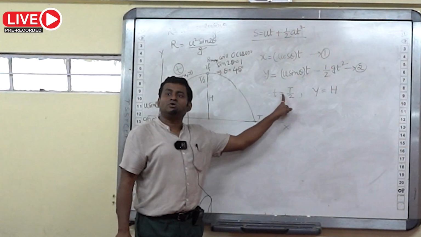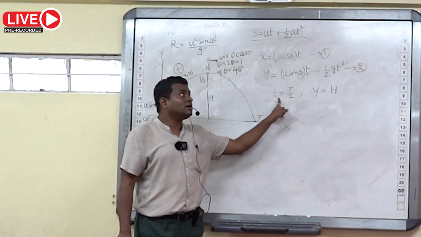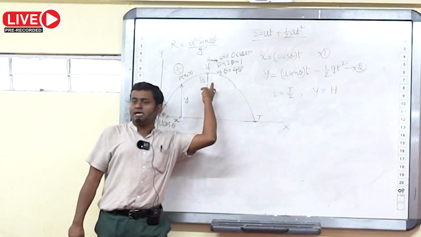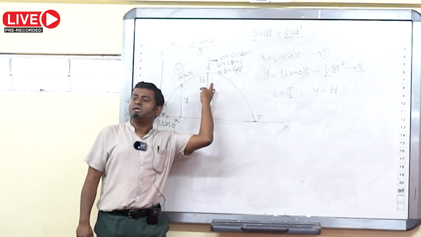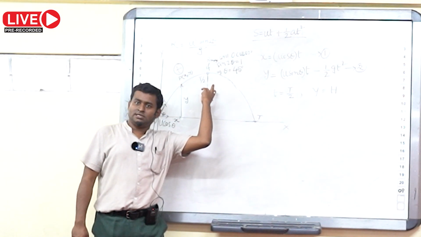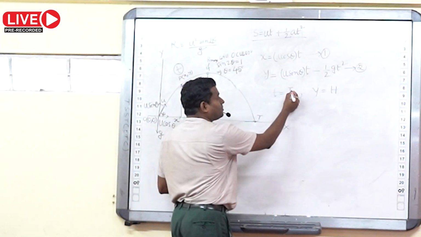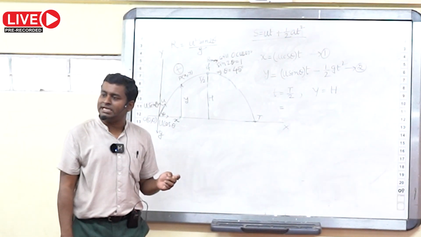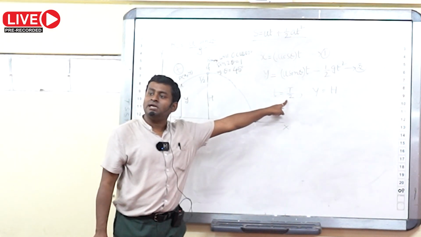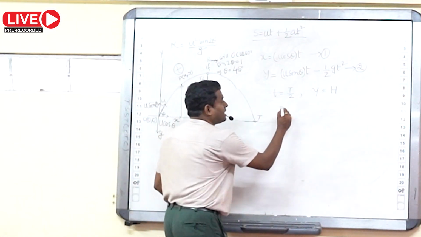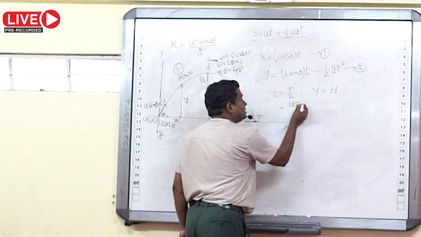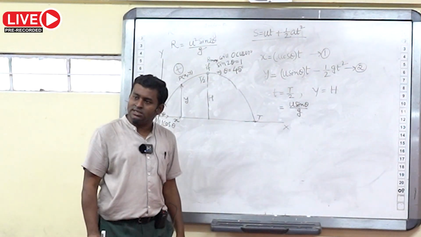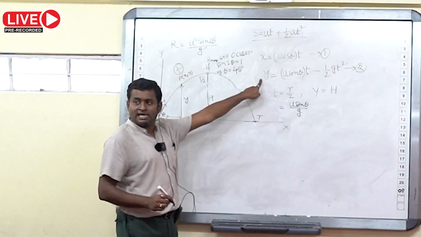See, small t equal to T by 2, then the particle will reach the topmost point, and at that point the y coordinate is equal to the maximum height. So in place of capital T you have to put the value of capital T, that is 2u sin theta by g, then it is divided by 2. So it will become u sin theta by g, then y will be equal to H. Then the equation for the y coordinate is there.